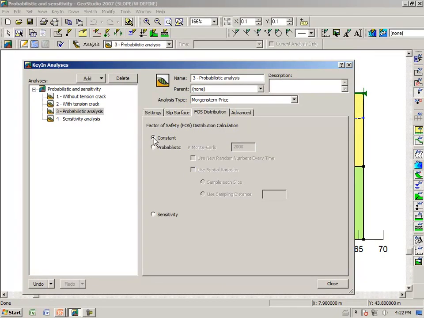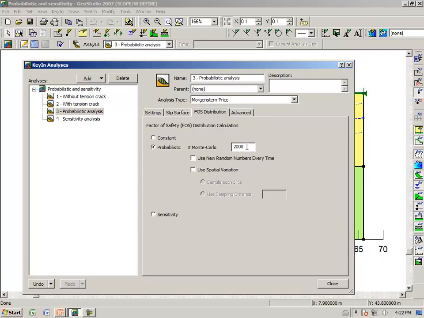traditionally we would do a constant analysis, but now we want to do a probabilistic analysis. When we come to analysis number 4, we will check on the sensitivity option here. But for now we want to do a probabilistic analysis.